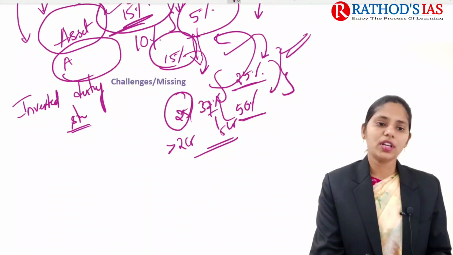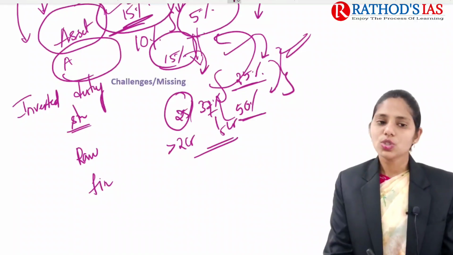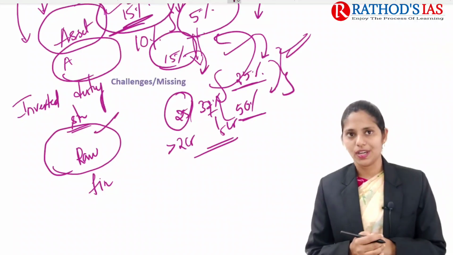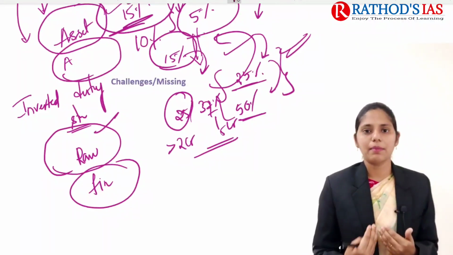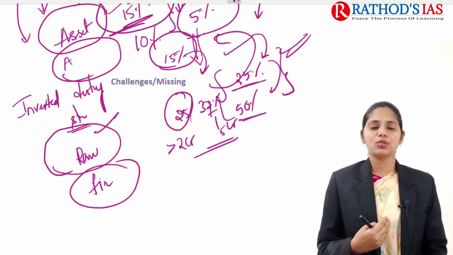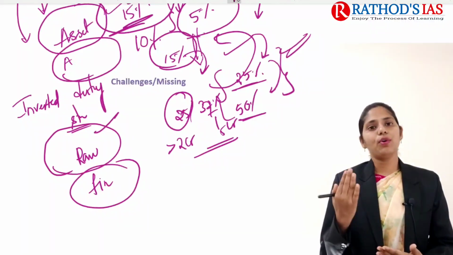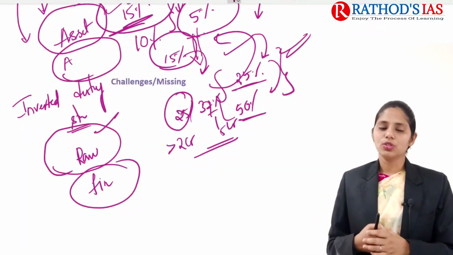If you are importing raw materials, and sometimes you can also import finished goods, normally the import duty on raw materials will be higher compared to that of finished goods. So if I am a company owner producing goods, and the import duty is higher on raw materials than on finished goods, what happens?